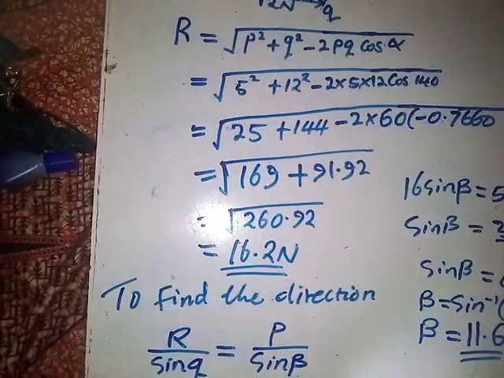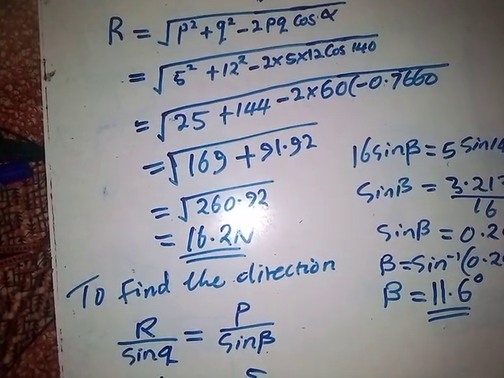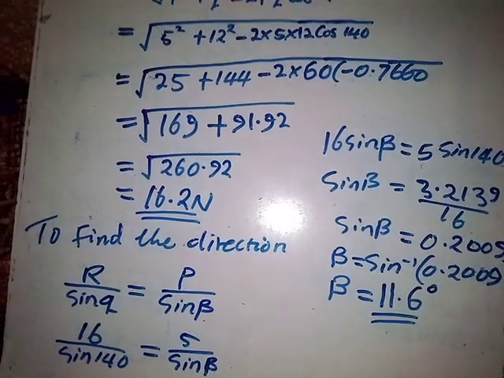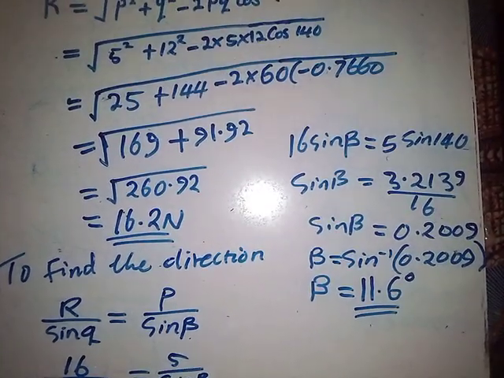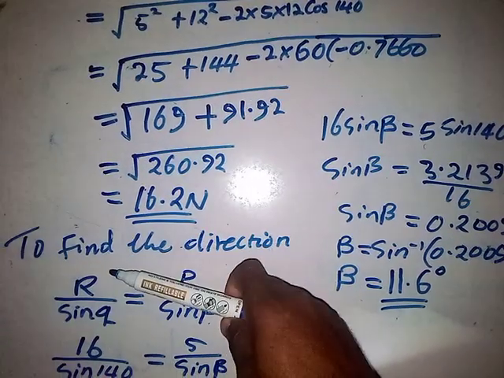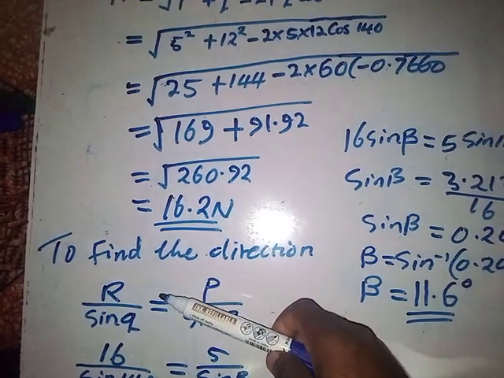But as I said in the previous video, when you are solving for vectors, you have magnitude and direction. So there is need for us to find the direction of the resultant force. To find the direction, we are going to take the sine rule at this point.